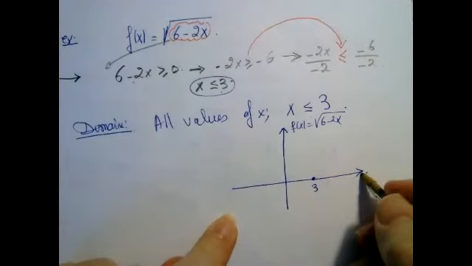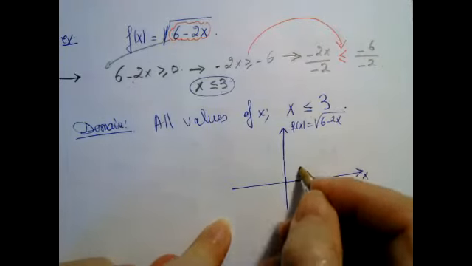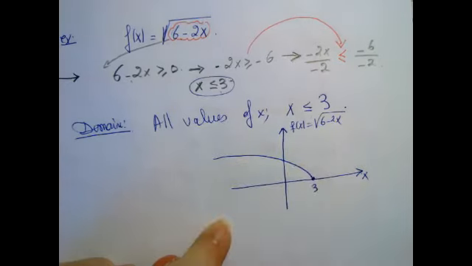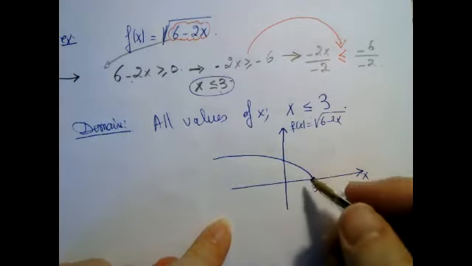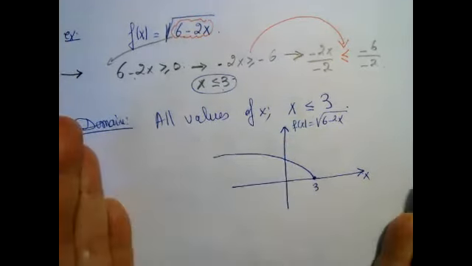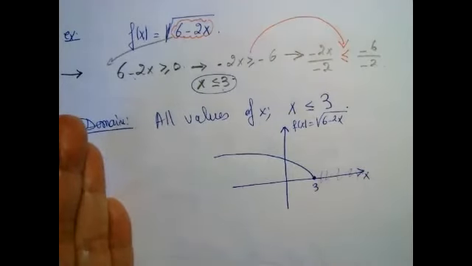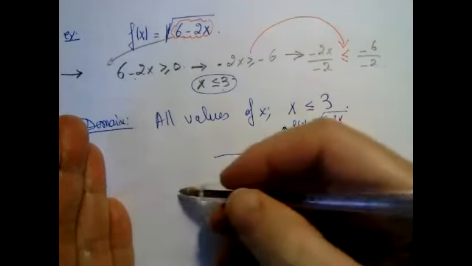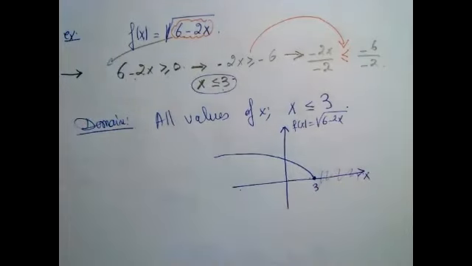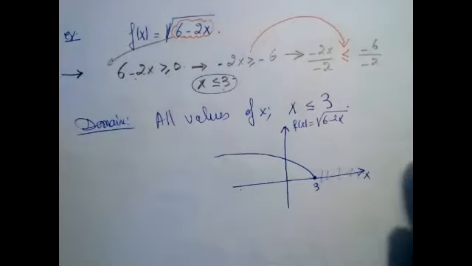There will be no output for x bigger than 3. There will be output only when x is less than or equal to 3. So on the graph, that's how the graph looks like. There is nothing here. There is no output here. That's why you will see a graph that's going to look like that, because of the way the function is defined.